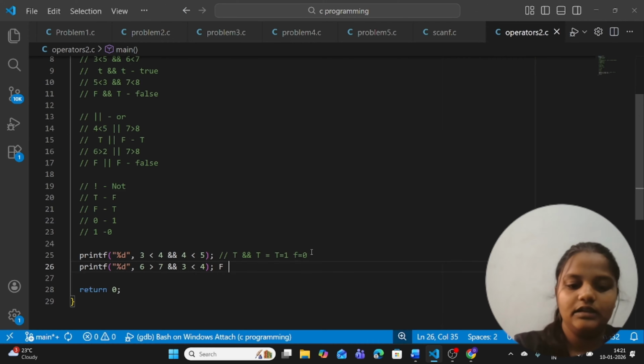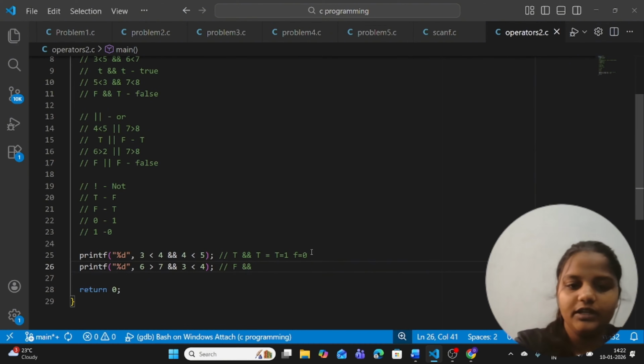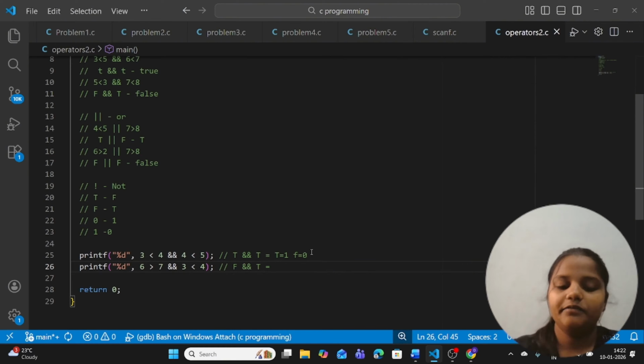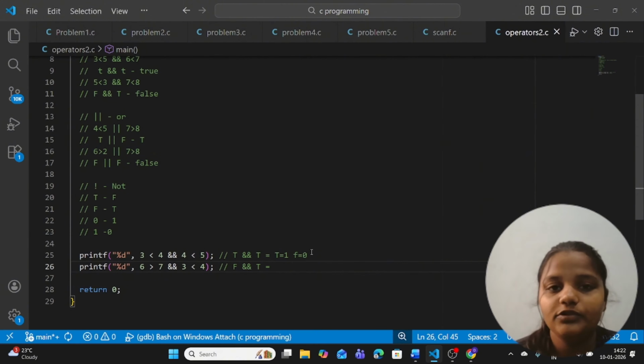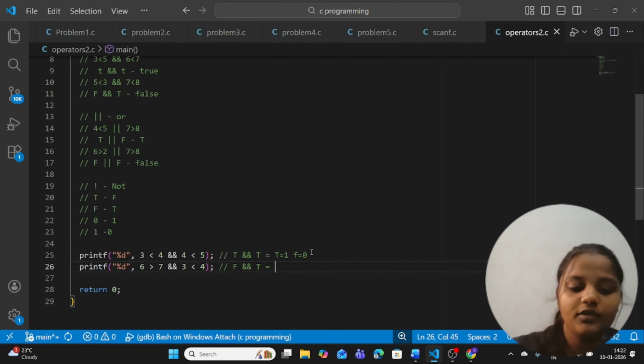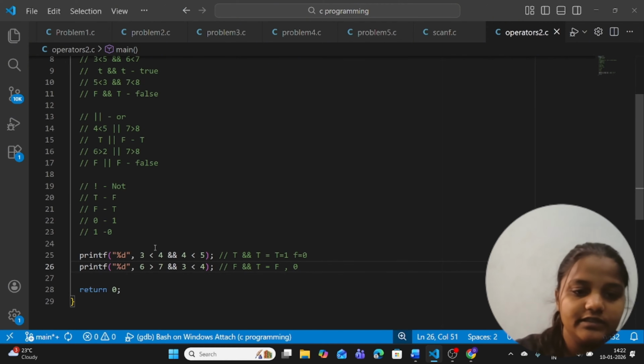No, it is false. And 3 less than 4, it is true, right? But we have used AND in between these two conditions, so both should be true, right? Here one is false and one is true. Then what is our output? We will get false as output. Then 0 will be printed, right? So we will just run this.